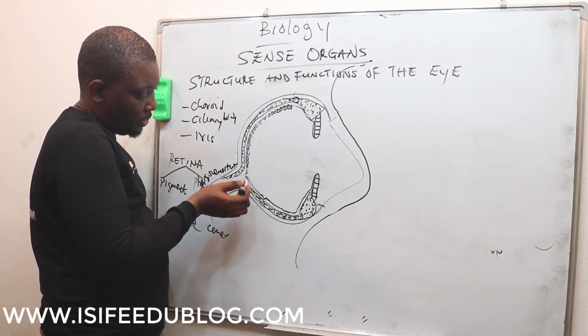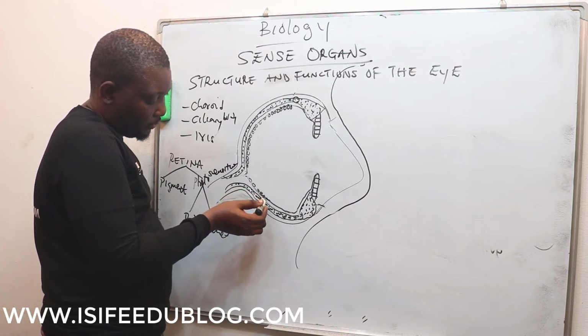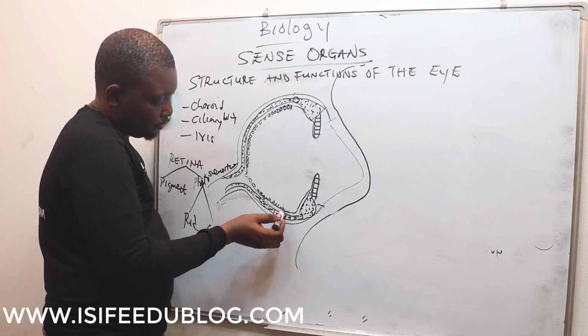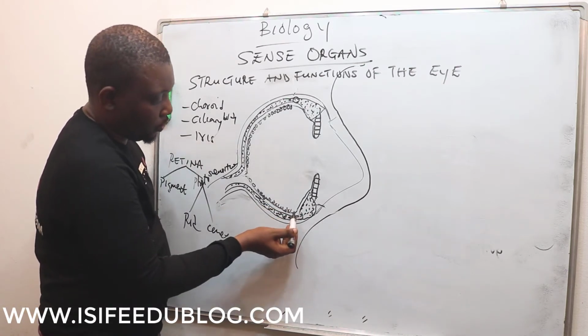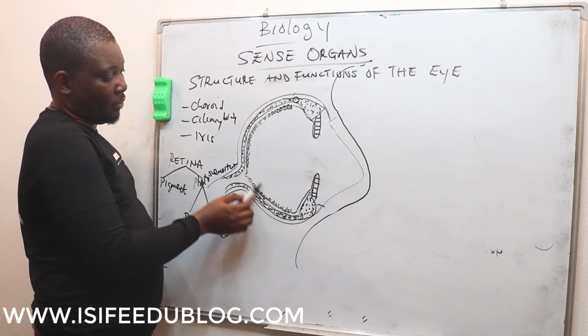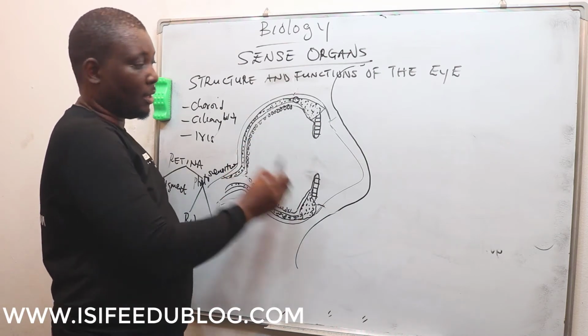So the rods and cones also begin here and make sure there are enough rods and cones here at the fovea, and we continue and stop close to the parts of the ciliary body. These are the most important parts of the retina, that is the cells of the eye.